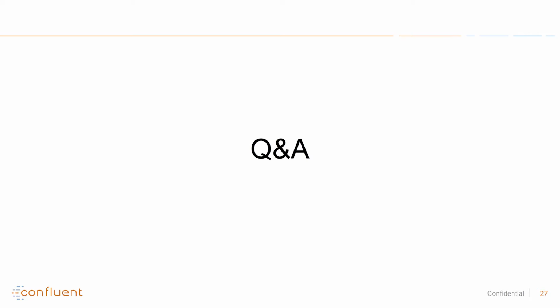Okay. So next question is, can Imply use sources other than Kafka? And can it merge data from those multiple sources? So yes, it definitely supports other data sources besides Kafka.